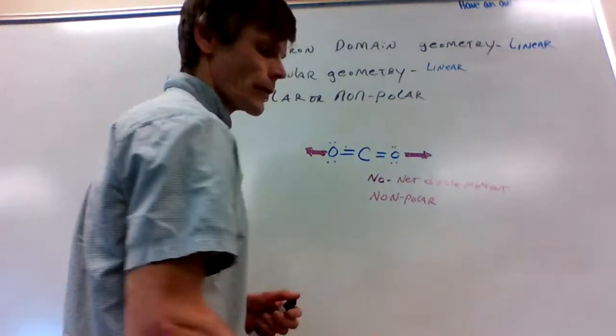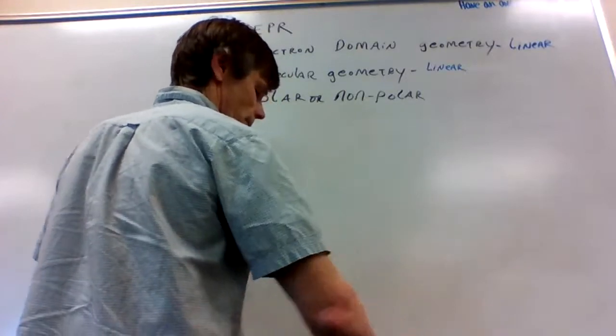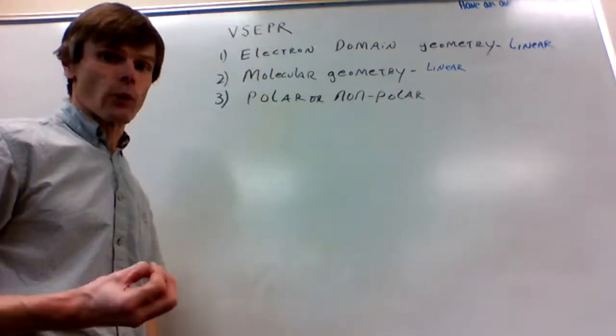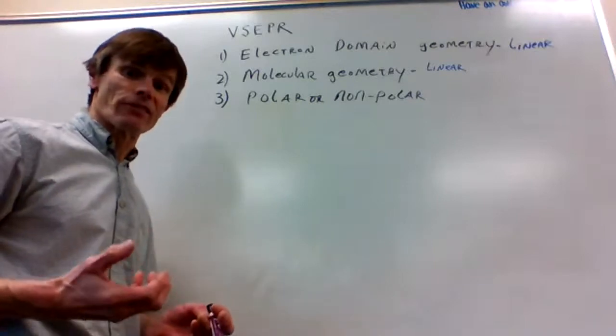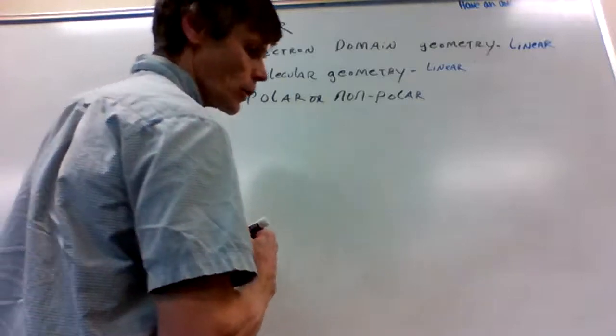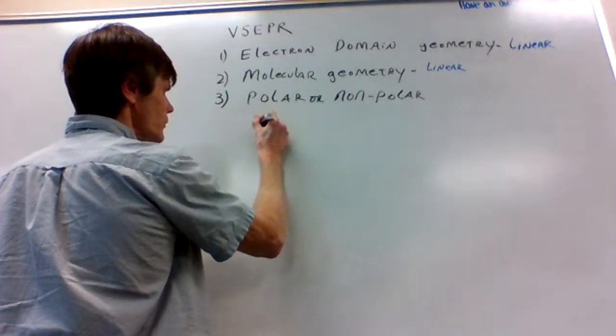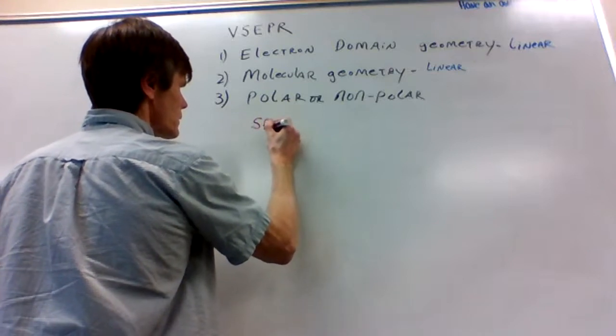Let's move to another geometry, another formula that has the same type of formula but a different geometry, and we're going to find out it's going to be polar. We're going to look at sulfur difluoride. It has a very similar formula.